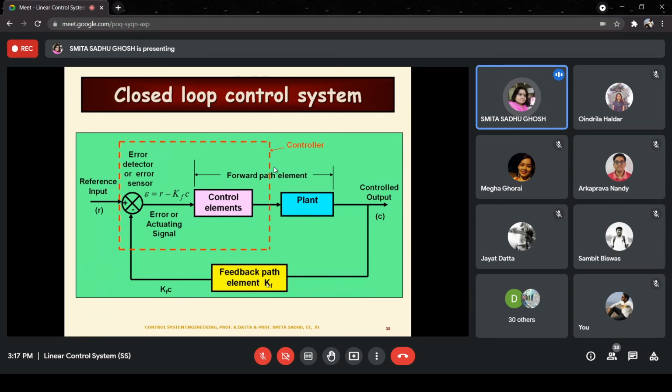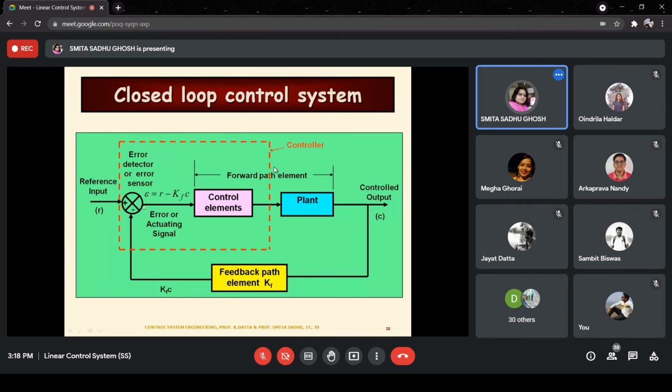As I told you, this in general will have some dynamics as well. Also, you find this summer, which is known as the error detector or error sensor for obvious reasons, because it is going to sense the error between the reference input and the feedback signal and generate the difference between these two.